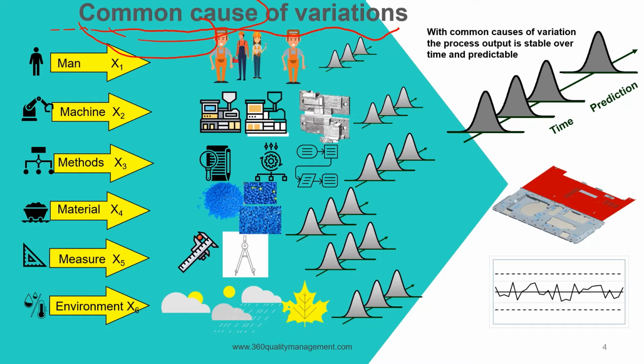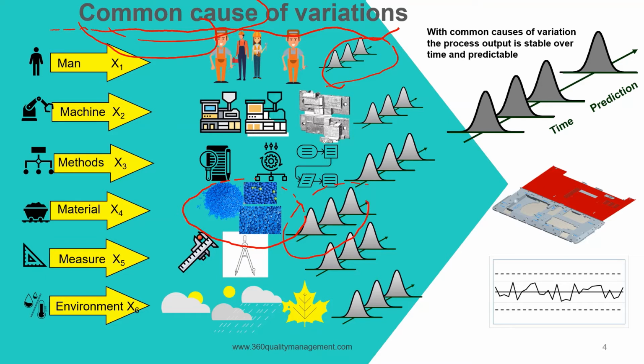This type of common cause variation is inherent to the process, and it is a very small variation. For material, there will be a small acceptable variation from batch to batch.